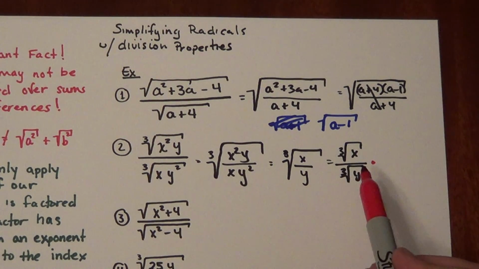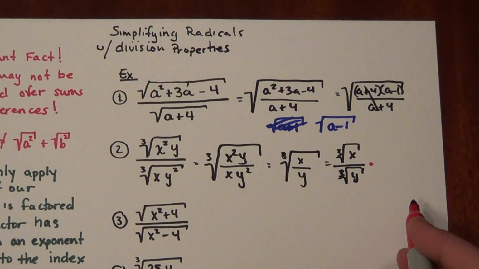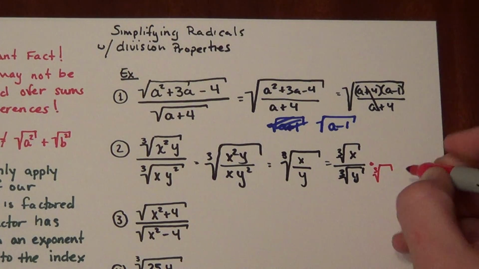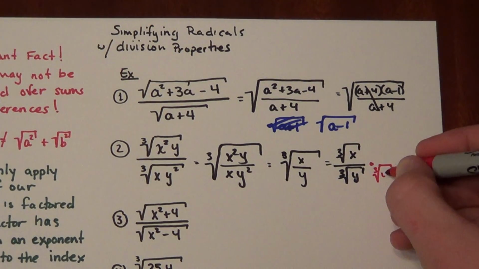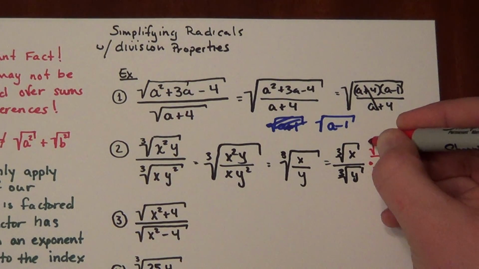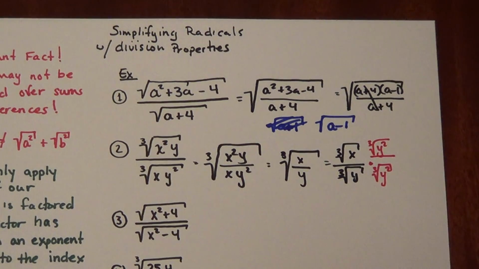Because if I make y cubed, then this radical disappears. So I need to multiply this by the cubic root of, well, y times y squared makes y cubed. So multiply by y squared, and I multiply the numerator by this cubic root of y squared.